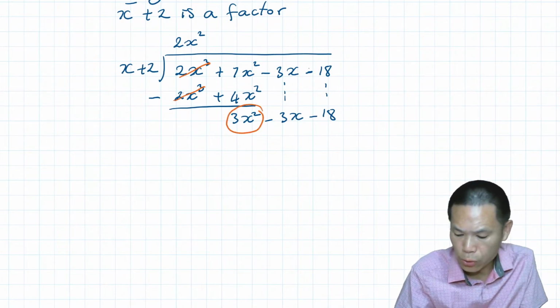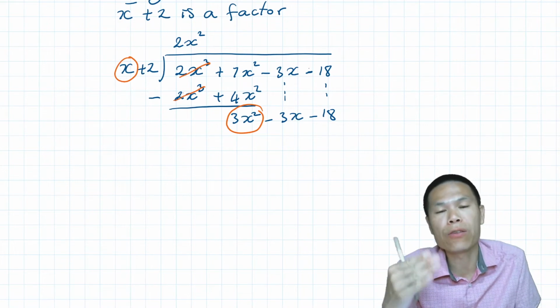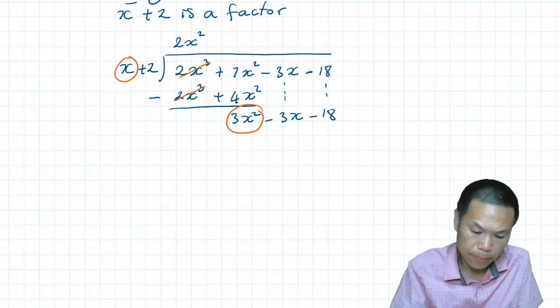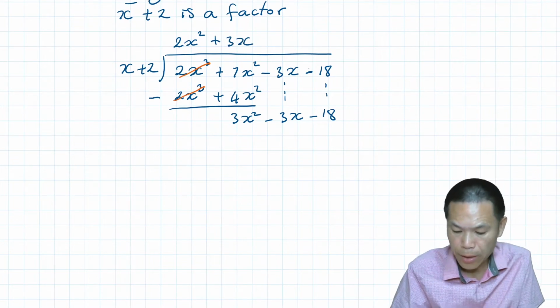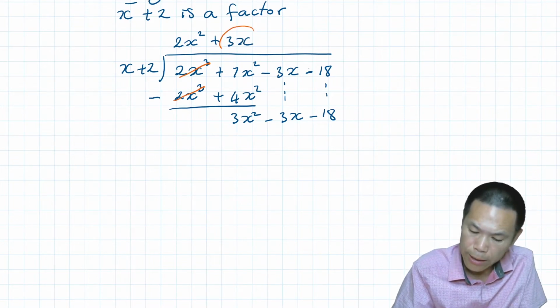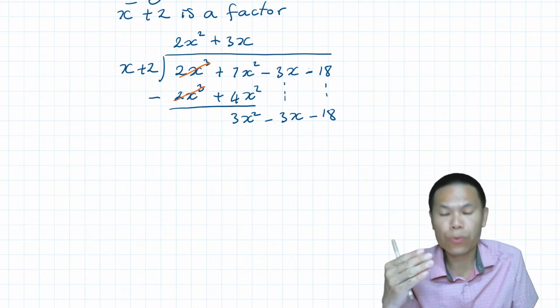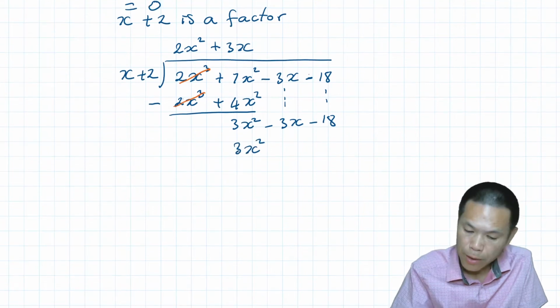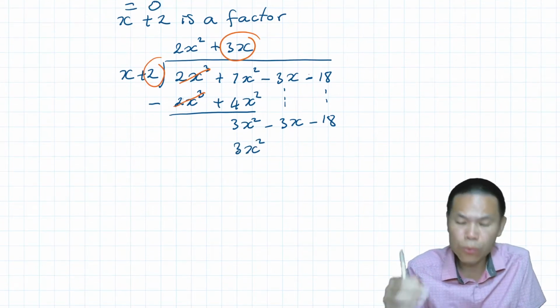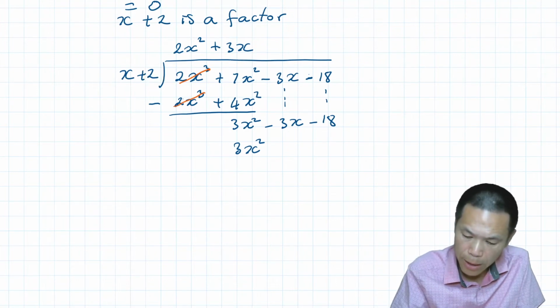Now we use 3x squared divided by x, so 3x squared divided by x is 3x. So plus 3x. And then 3x times x is 3x squared, and 3x times 2 is 6x, so plus 6x.